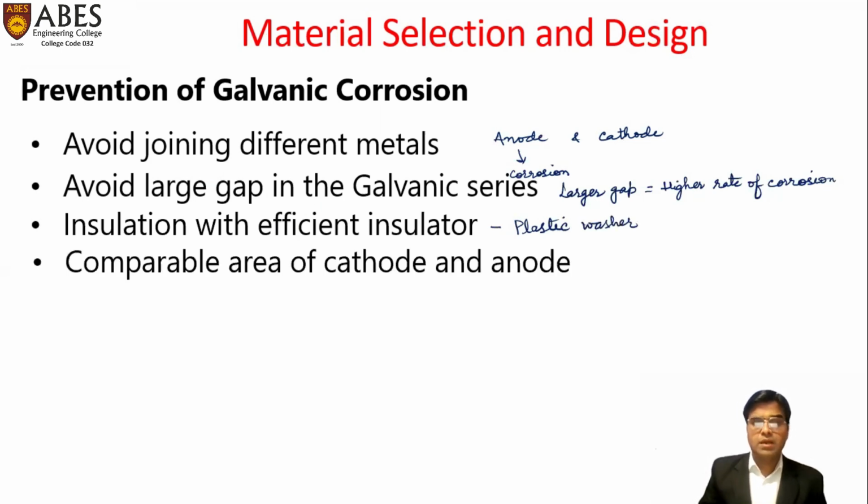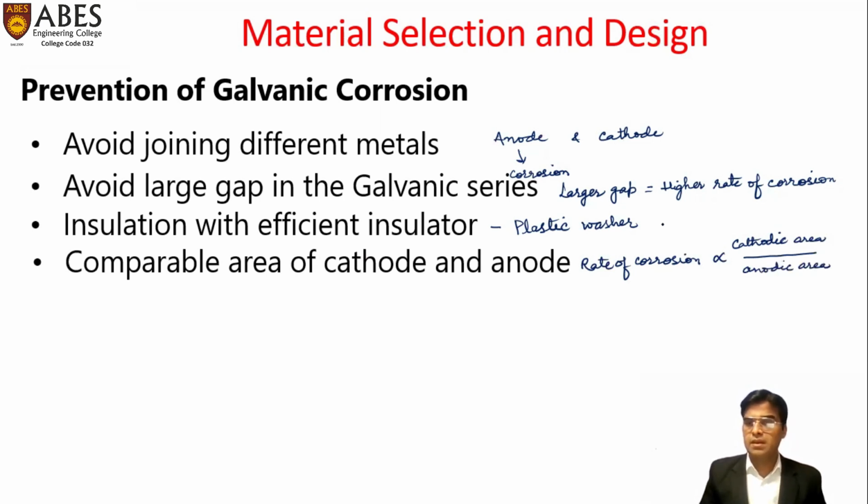Further, if we are using two metals, then the metal which is anodic and the metal which is cathodic should not differ much in their area, because we know that the rate of corrosion is directly proportional to the cathodic area and inversely proportional to the anodic area.